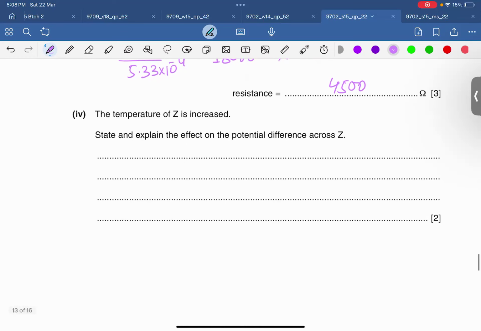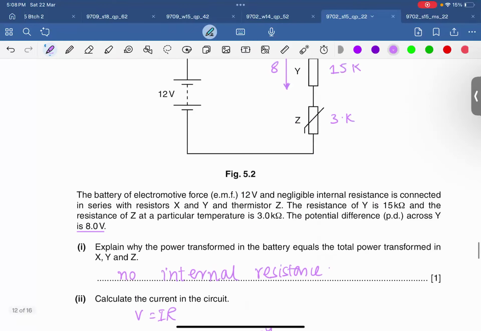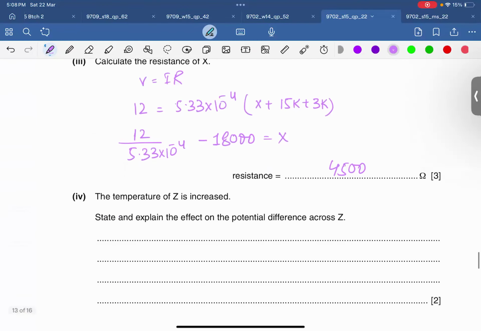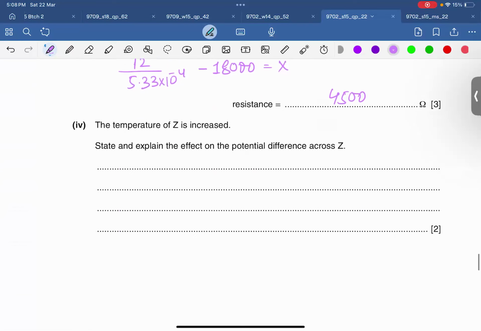Okay, please read on. The temperature of Z is increased. State and explain the effect on the potential difference across Z. Across Z. If the temperature increases, the resistance will increase or decrease? Decrease. So the potential difference will decrease, I think. Very good.